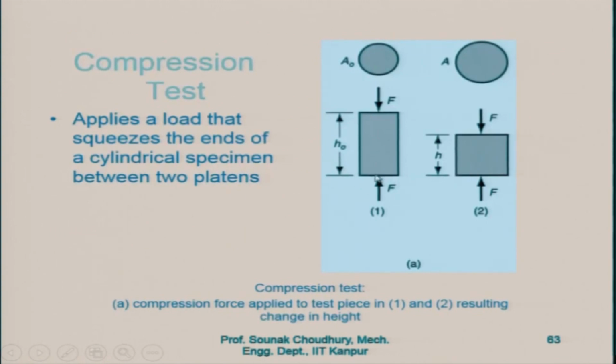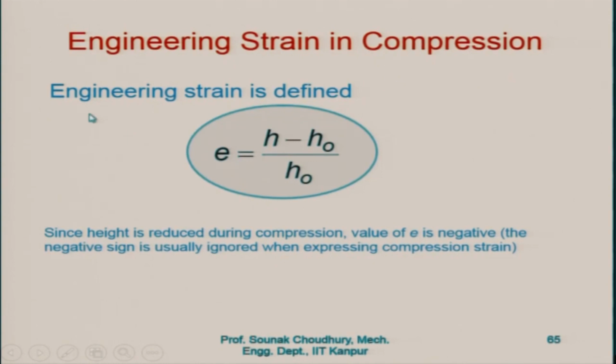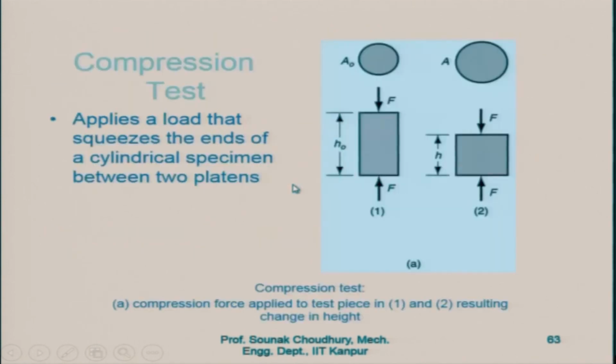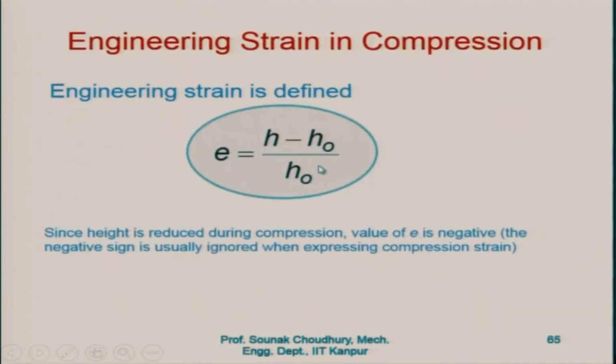Engineering strain in compression will be e equal to h minus h0 divided by h0, where h is the height after the compressive forces are applied, and h0 is the initial length. It is still the initial length that we use because it is engineering stress and engineering strain.